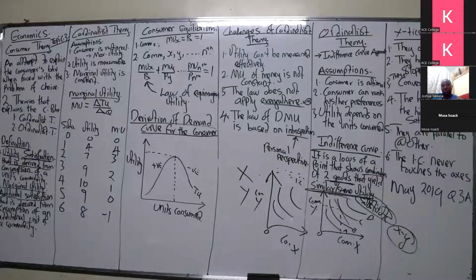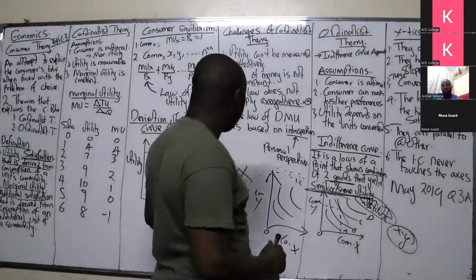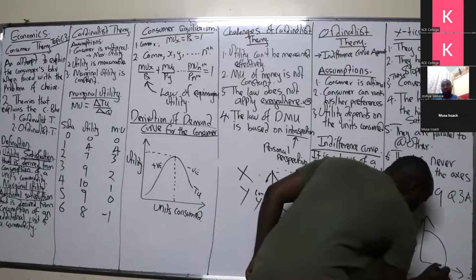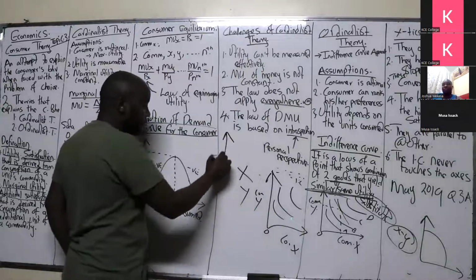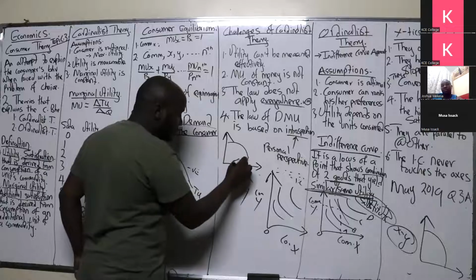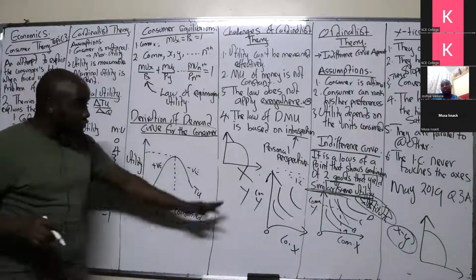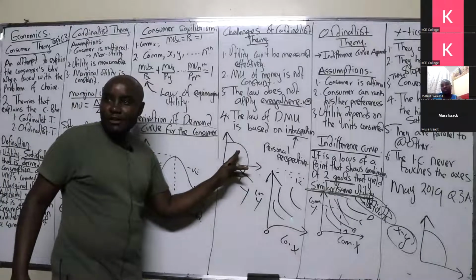Remember, when we were talking about the production possibility frontier, we drew it like this. The production possibility frontier is concave to the origin.